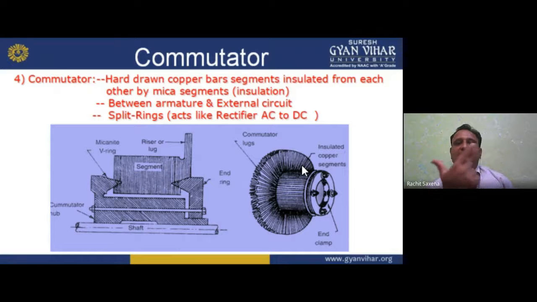So it is working like this. Now see the direction, my dear student. The induced EMF is changing. If EMF is changing, it means it is not unidirectional. It is bidirectional, my dear student.